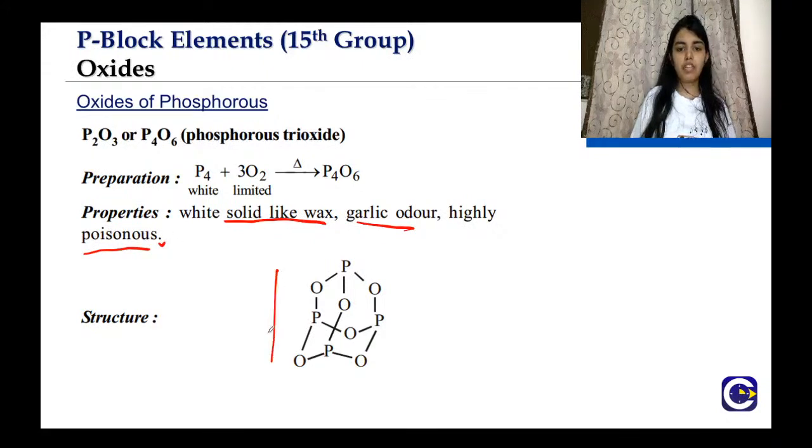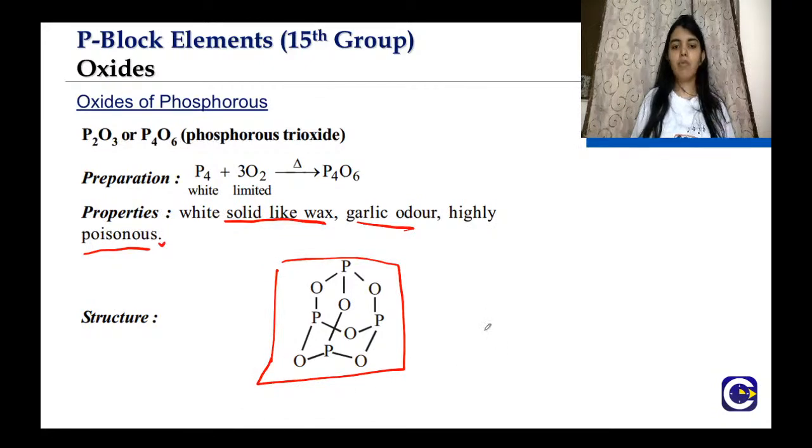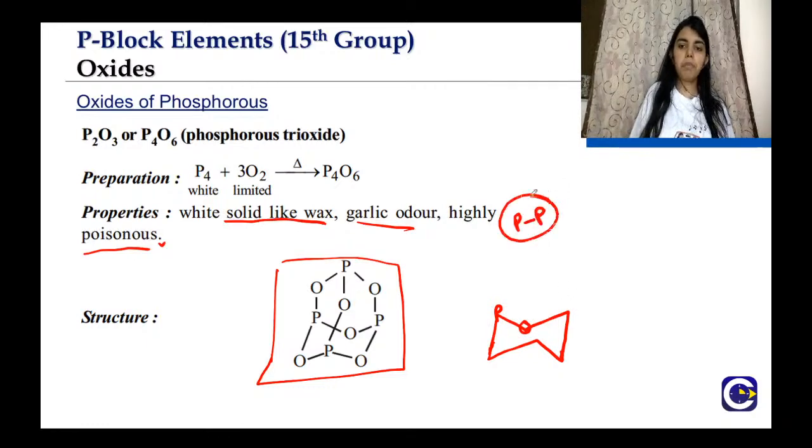So this structure you need to remember. How will you draw it? Draw the chair conformation of cyclohexane basically. Now place phosphorus and oxygen. There is no P-P bond in the oxides. This you have to remember. The phosphorus and phosphorus will be separated by oxygen itself everywhere.